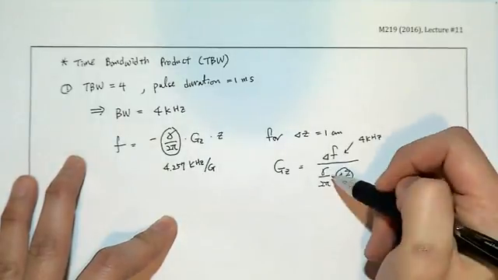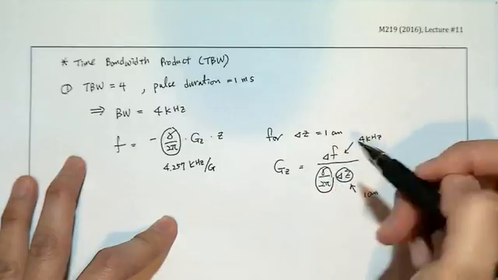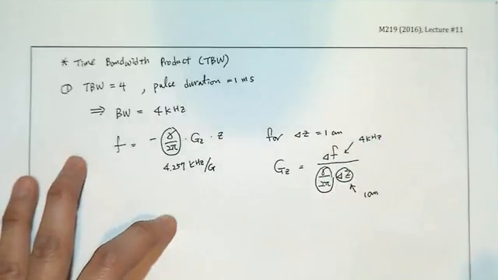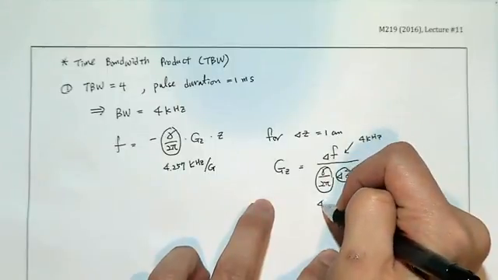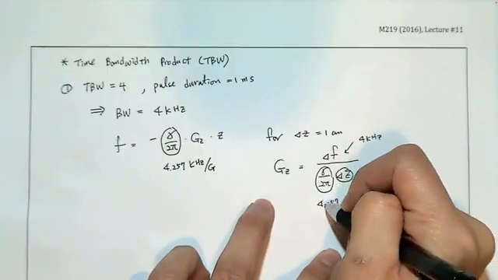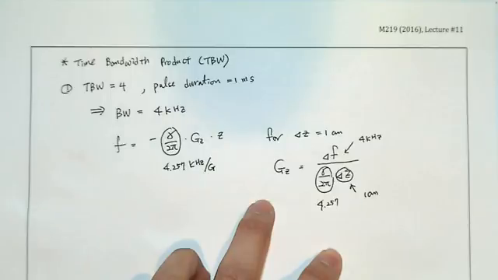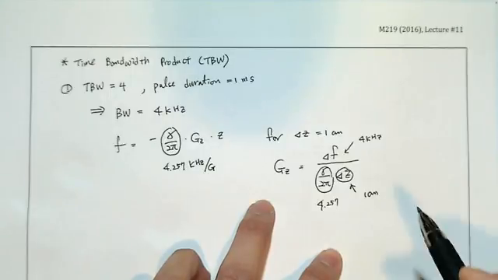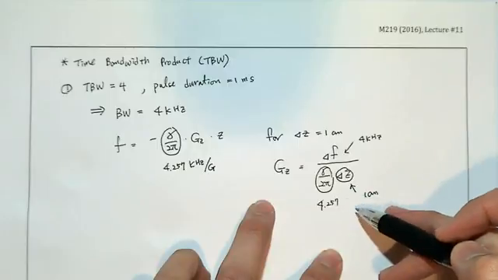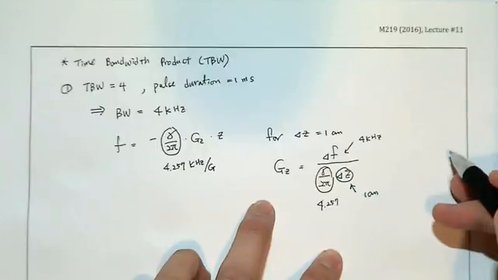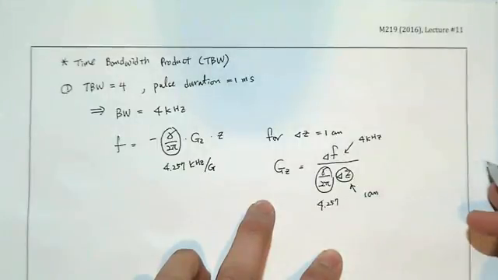And we know this constant, 4.257, and it's just a calculation, right? Always you have to match the units, but it should be okay because this one is kilohertz divided by Gauss and centimeter. So the final unit will be Gauss per centimeter.